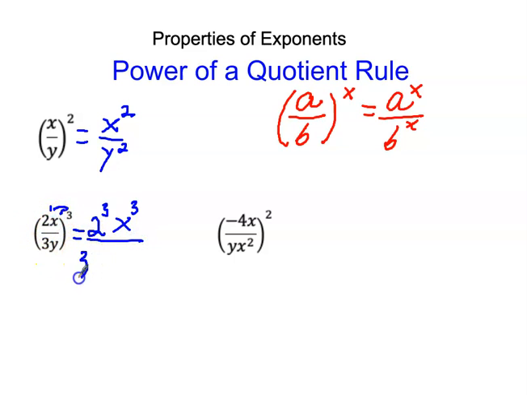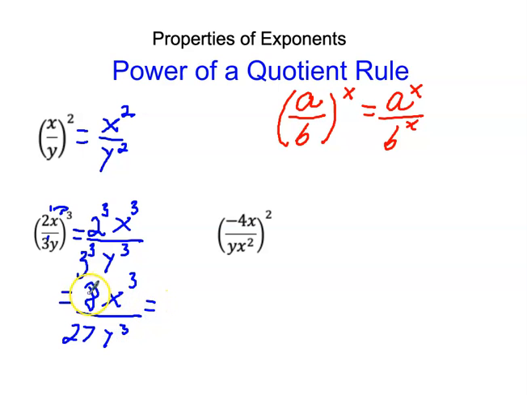So then we have 3 cubed and y cubed. Okay, because 1 times 3, the power, and this is the third power. So 2 cubed is 8, x cubed, and 3 cubed is 27, y cubed.